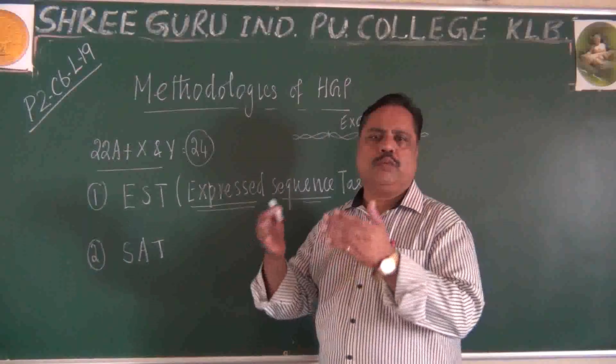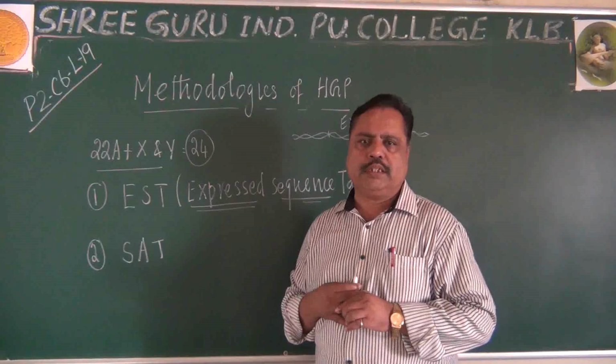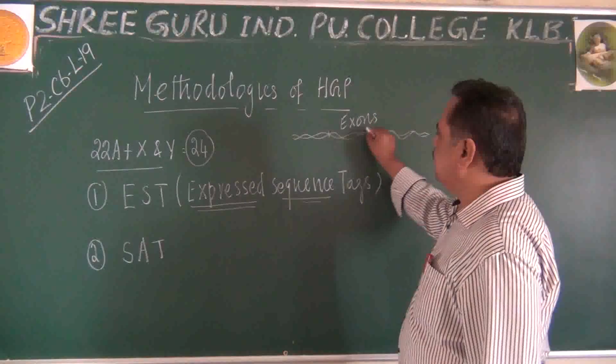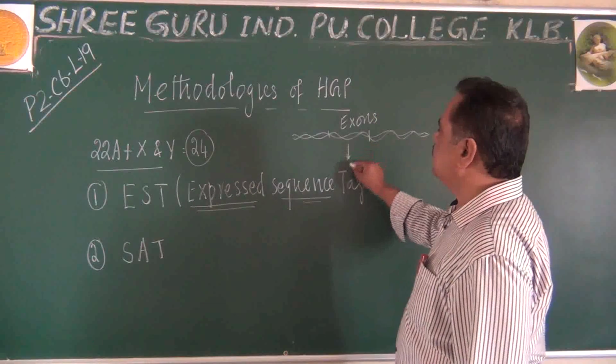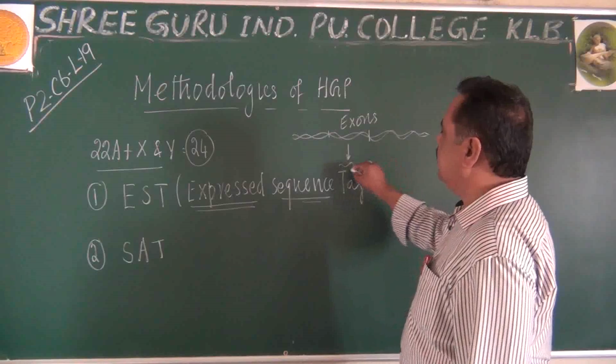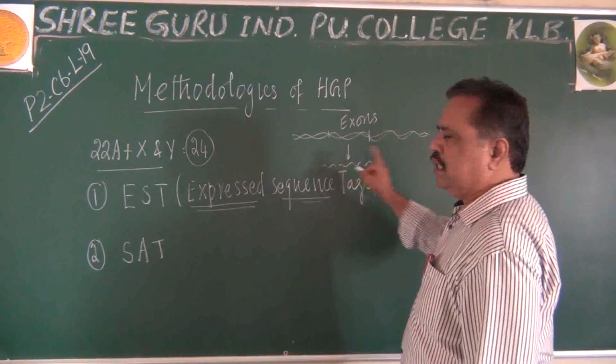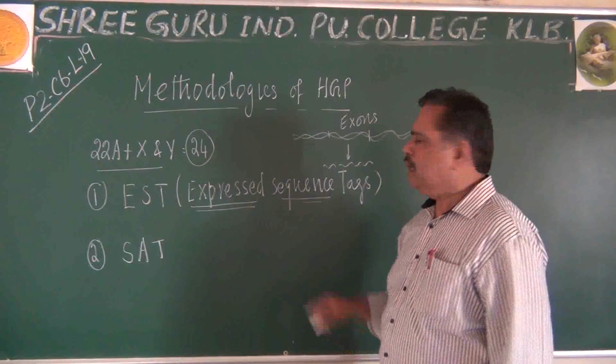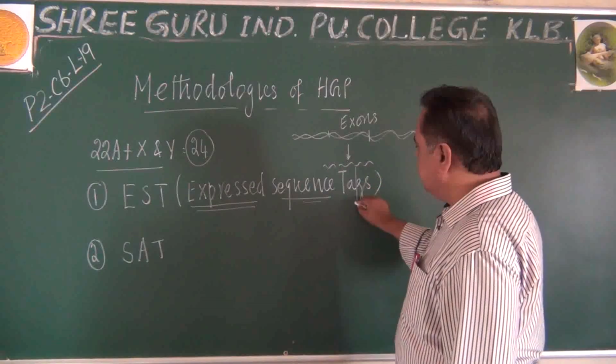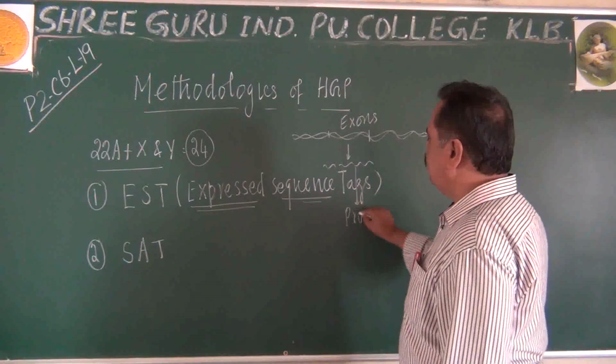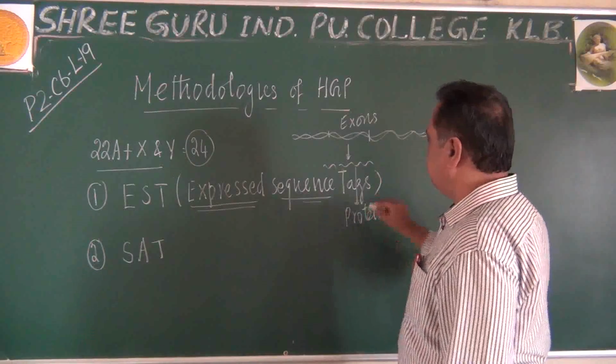How are they focused, what is the method done here? When exons are there, they will produce the mRNA. Of course, with intron and exon, mRNA will be produced. That exon will express itself as a protein molecule, remember.